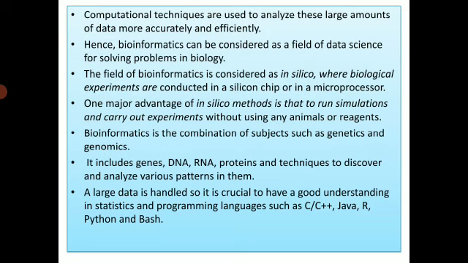They can easily make models, do the data analysis of DNA, RNA, proteins, and see the patterns. Since large data is handled, it is crucial to have a good understanding of statistics and programming languages such as C, C++, Java, R, Python, and Bash.